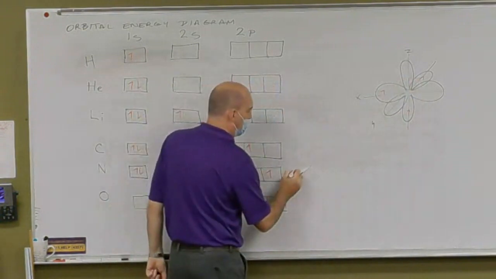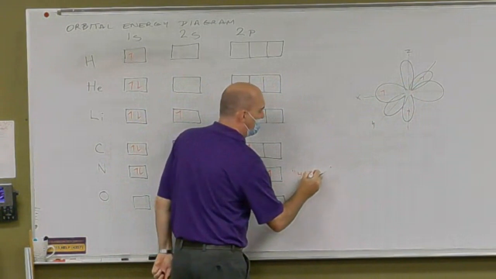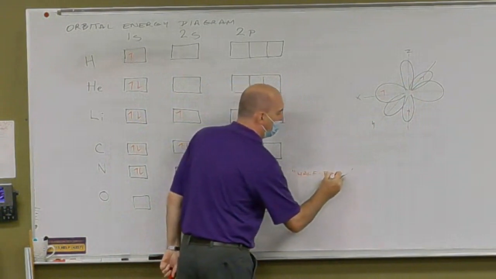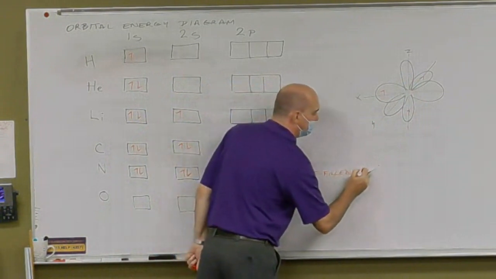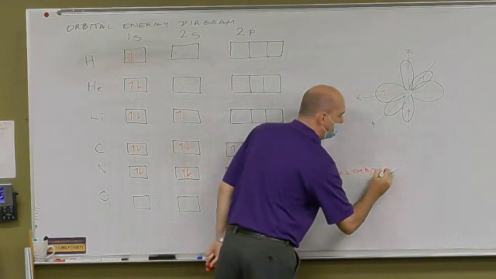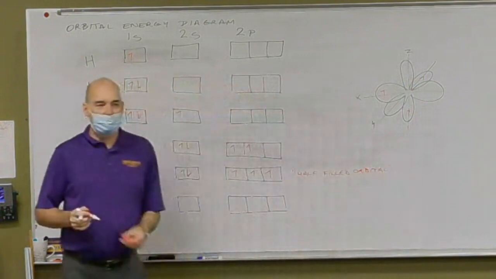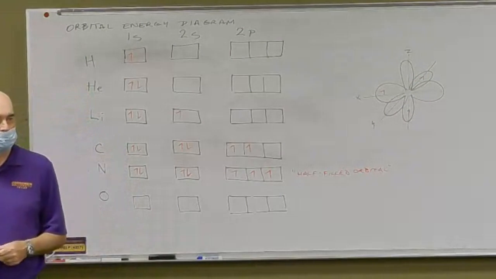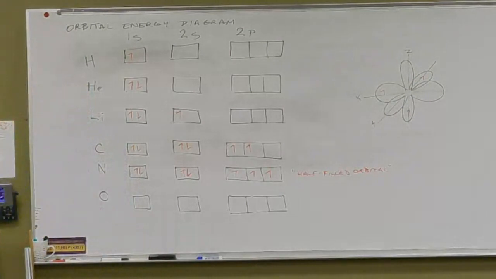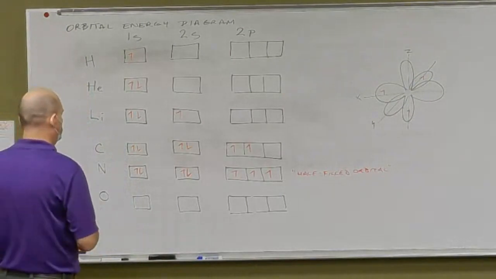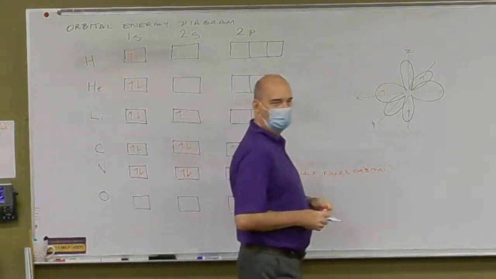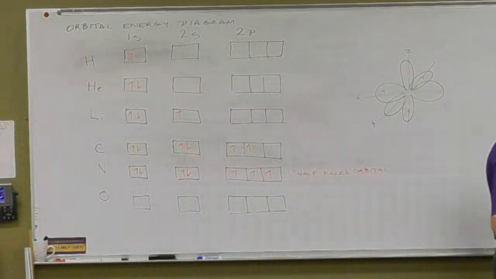This is a half-filled orbital. And a half-filled orbital is stable because its repulsion is low. There's only one thing better than a half-filled orbital. Guess what that is? Filled orbital? Yeah, it's a filled orbital.